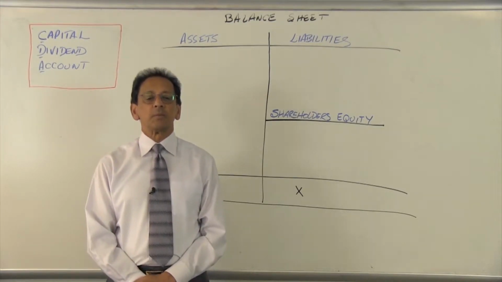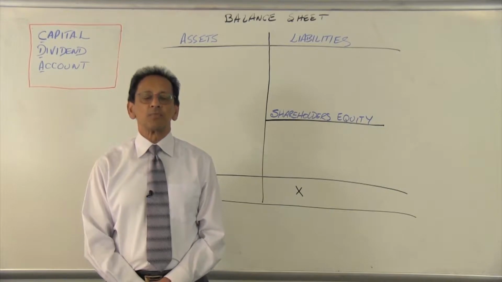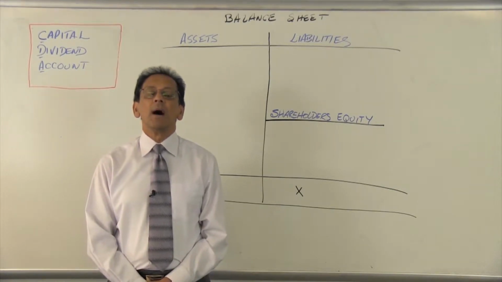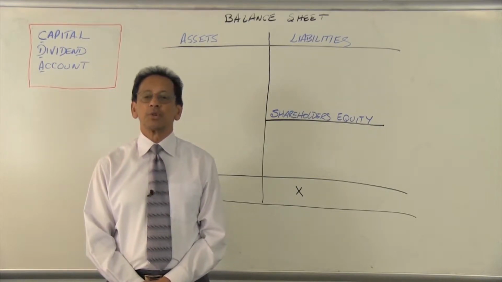So we're going to spend some time understanding what happens to life insurance proceeds if a company owns the policy and the life insured passes away.